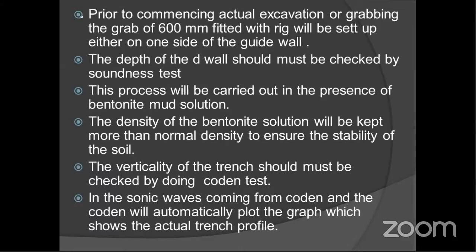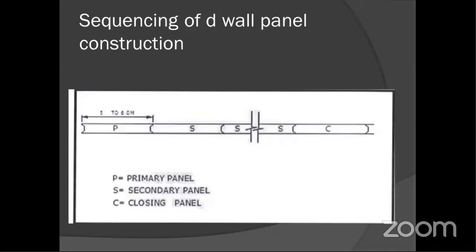Because in this test, some sonic waves will be coming. It gives a zigzag graph, so that we come to know where we have excavated more, where there is a soil collapse. Those are all things we can calculate with the help of that test.